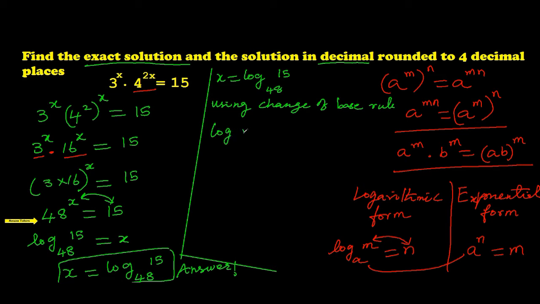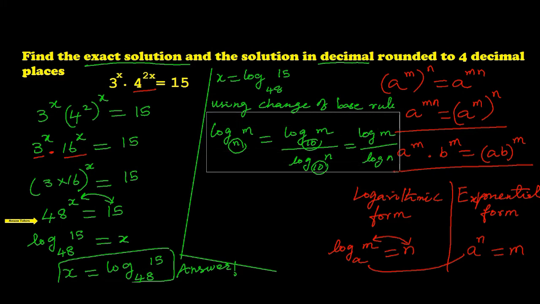Whenever it is log m to the base n, you can write it this way, which is simply log m over log n. Previously the base was n, I changed it to 10. This is called the change of base rule. This is what I am going to use to solve this question.